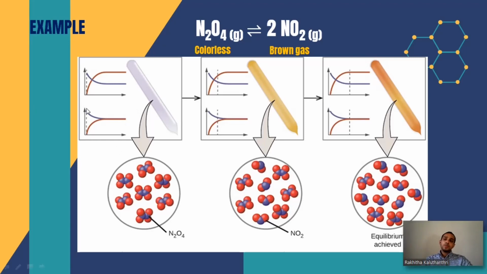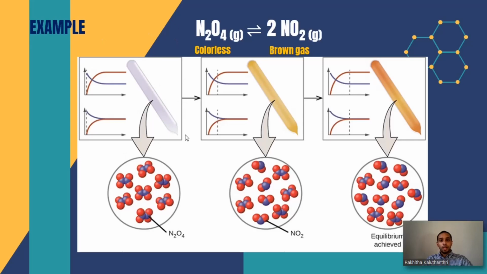When you're starting off the reaction, the concentration of N2O4 is quite high, so the rate of the reaction starts from a really high point. As the concentration of N2O4 decreases, the rate of the forward reaction also decreases. The rate at which N2O4 converts into NO2 decreases as the N2O4 concentration decreases.